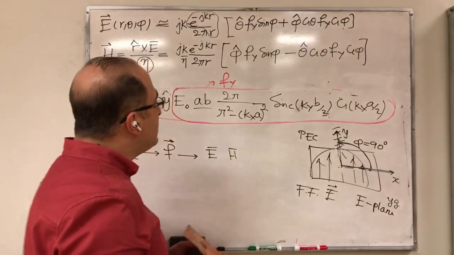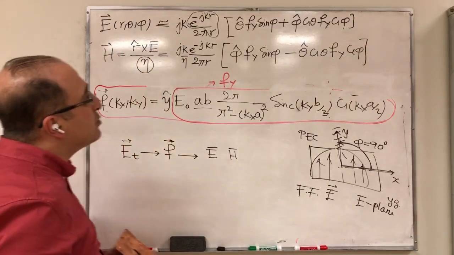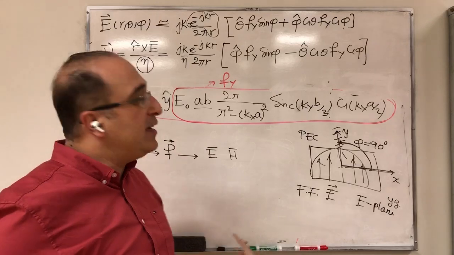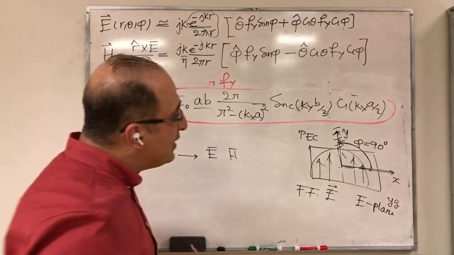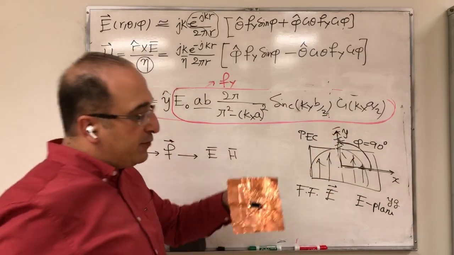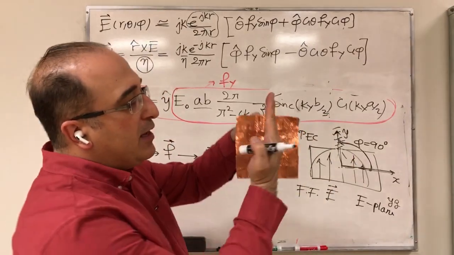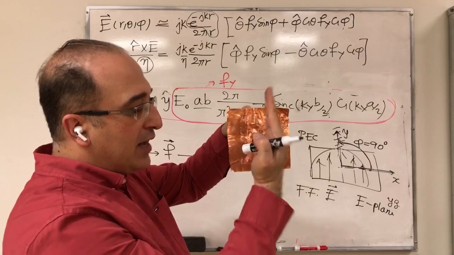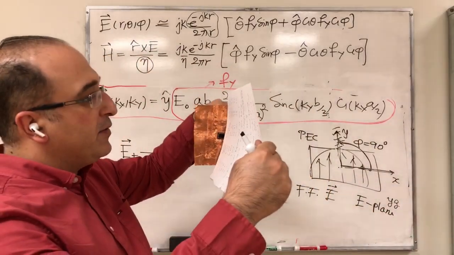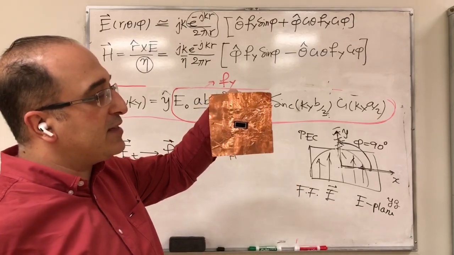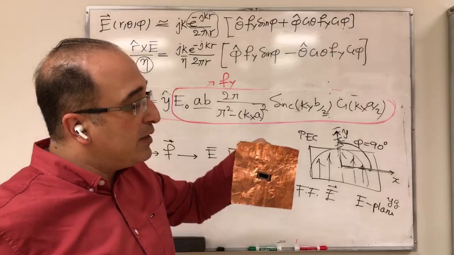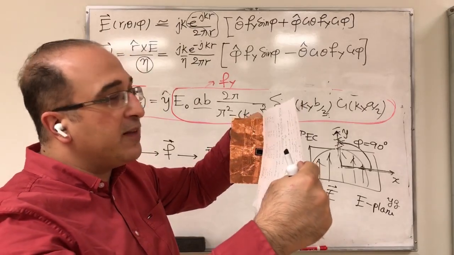We said, can we simplify this E and H expression based on knowing that we are interested only in the E plane? Then we explained that the E plane for this antenna is the YZ plane. So if this is the antenna, the E plane would be this plane. This gives the three-dimensional pattern, but if you want one cut, you need to be on the YZ plane.